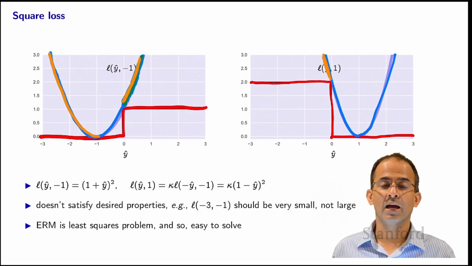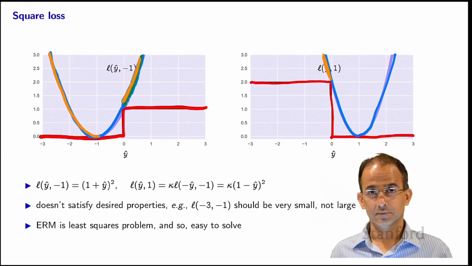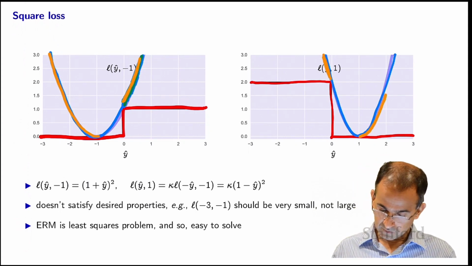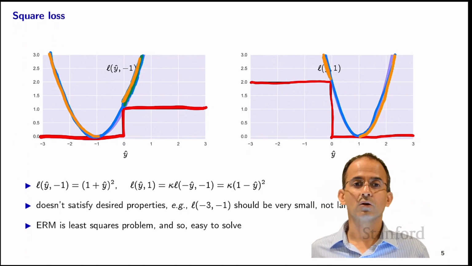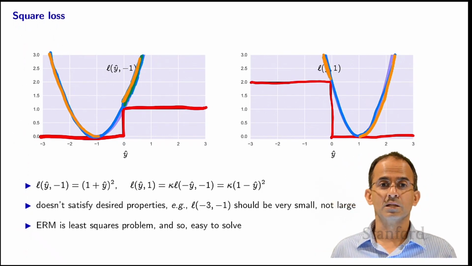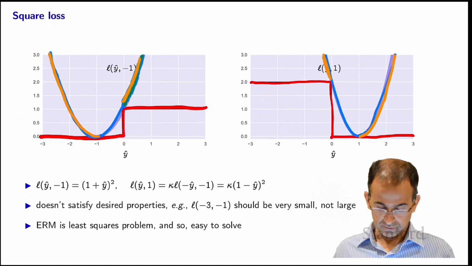Because any y hat that's negative is going to unembed to a y hat value of minus 1, which is exactly y. And the same over here. When y is 1, the square loss grows again, and that's not the property that we want. On the plus side, of course, the resulting ERM problem is a least squares problem, and so it's easy to solve.